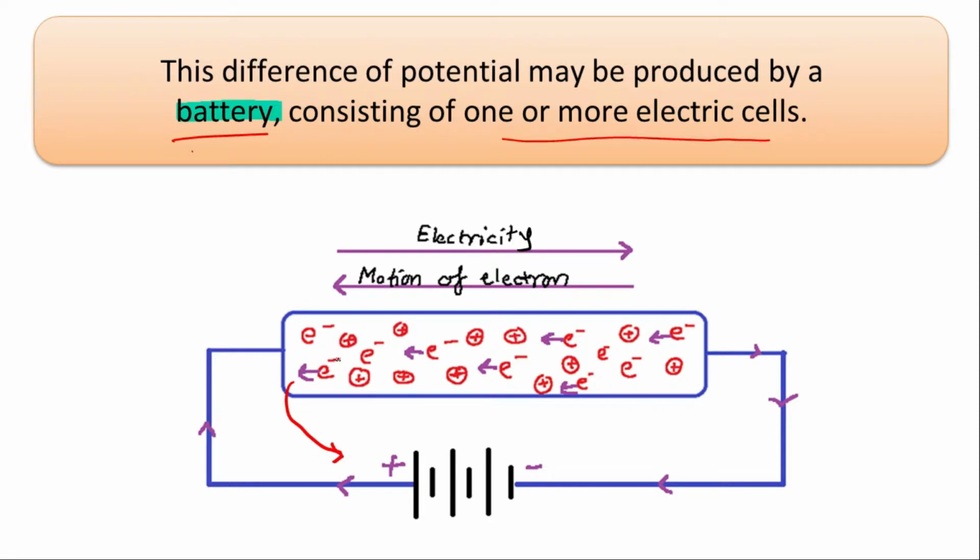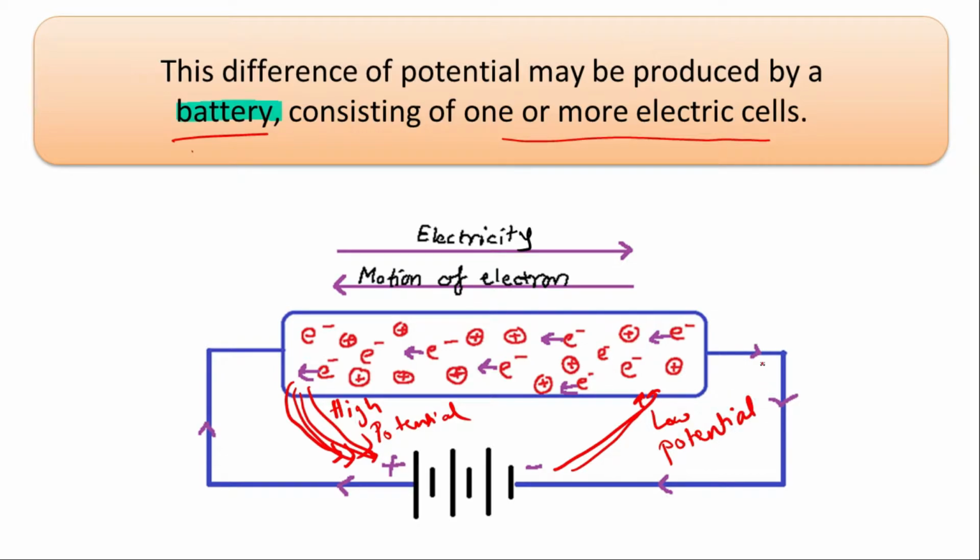The negative terminal of the battery repels the negatively charged electrons. So a difference is created here: the attraction will be high here and the repulsion will be low here. So there will be high potential here and low potential here.